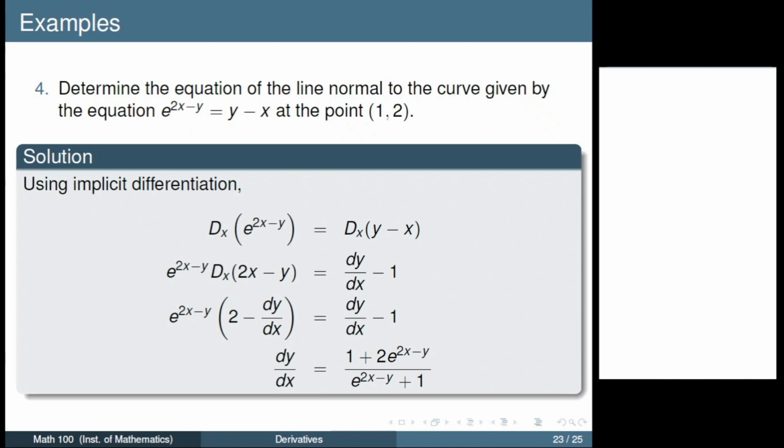Okay, and you should verify na ito yung makukuha nyo. Okay, so again, dapat ang nakuha nyong dy over dx is this expression.